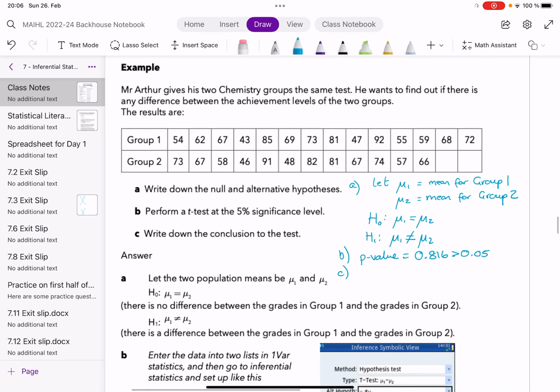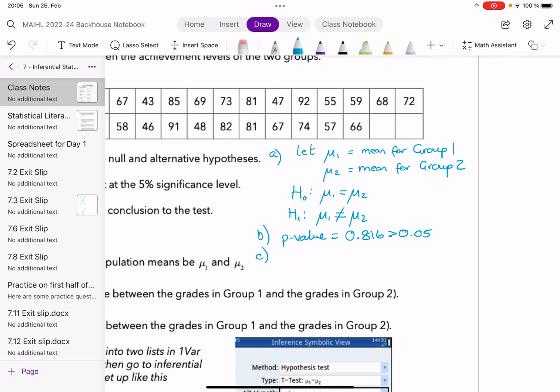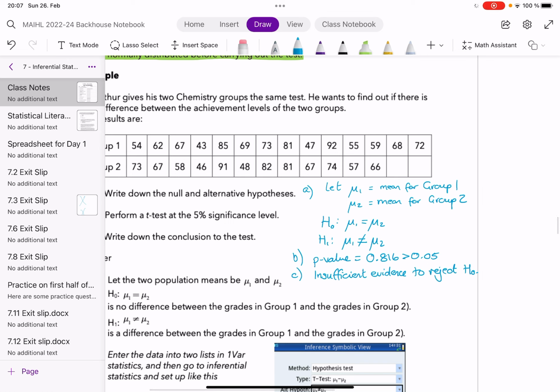Okay, and of course we need to conclude this. So there is insufficient evidence to reject H0. And then we should conclude it in the context of the question. So if we're not rejecting H0, if we're accepting H0, it means that the mean for group 1 and group 2 are the same.